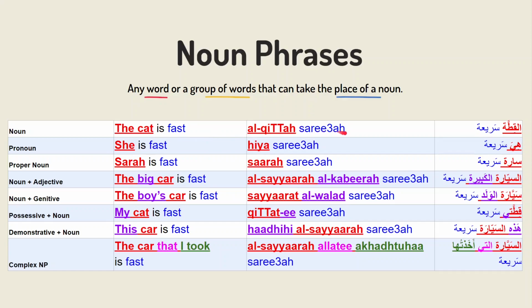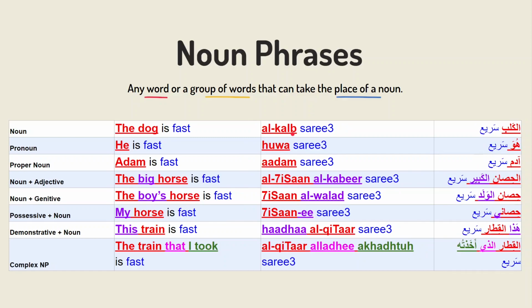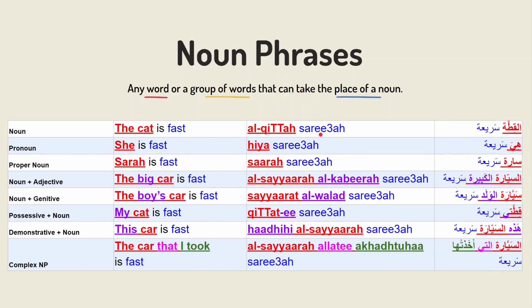القطة سريعة. Notice that before it was سريع and this time it's سريعة. So because it's female, we also show this in the adjective. القطة سريعة. And then we can use the pronoun, she is fast. هي سريعة.